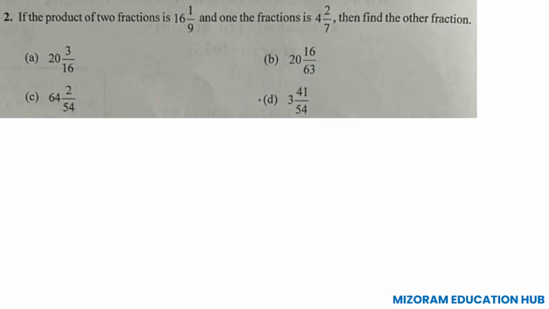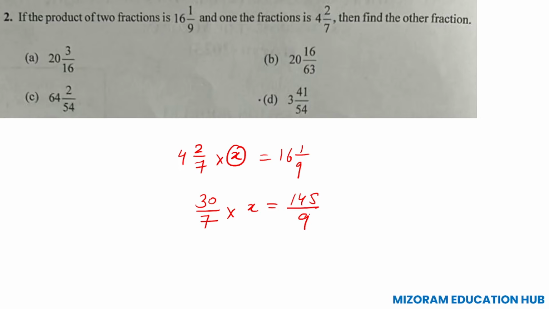Next, if the product of two fractions is 16 1 by 9 and one of the fractions is 4 2 by 7, what is the other fraction? The product of the fractions is given as 16 1 by 9, and the first fraction is 4 2 by 7, so the other fraction has a value of x. 7 fours are 28 plus 2 is 30 by 7, into x. 16 nines are 144 plus 1 is 145 by 9, and x equals 145 into 7 by 30 into 9.